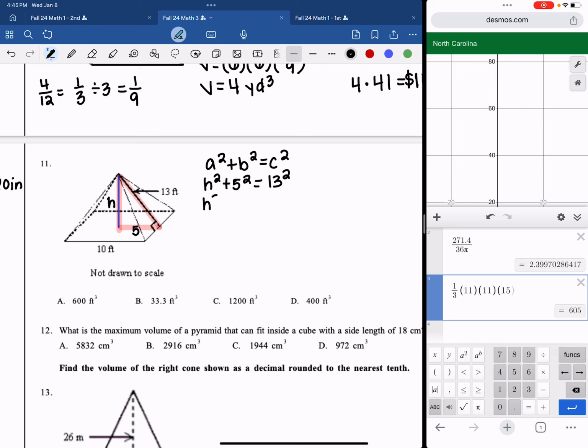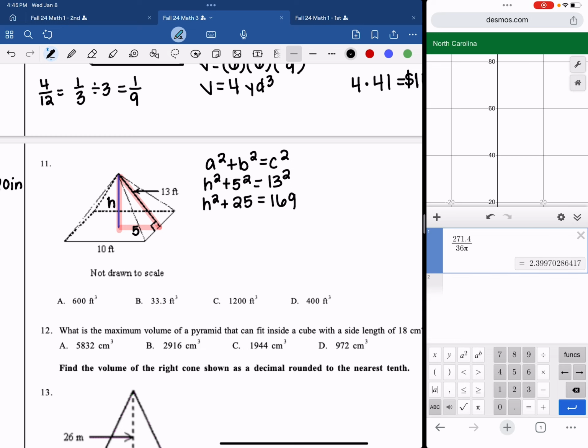All right, so we have h squared, we have 25, and 13 squared is 169. Okay, so we're going to subtract that 25, so we're going to say 169 minus 25. And I have h squared equals 144, which I will take the square root of, and we're going to use the positive value, so that's going to be 12.